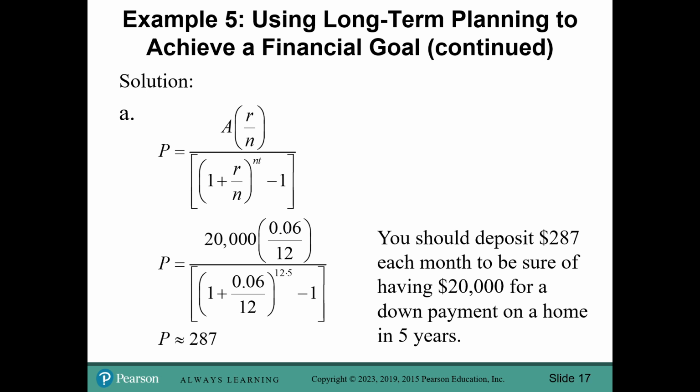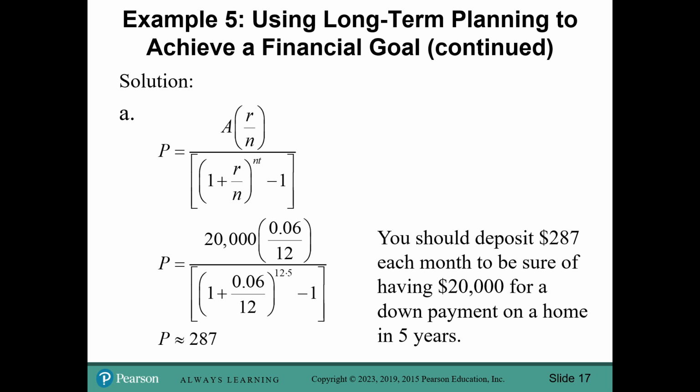We've got a rate of 6%, so 0.06 for our R, over 12 for our N, divided by 1 plus our rate 0.06 divided by, once again, our N, which is 12, raised to the 12 times the number of years, our T, which is 5, minus 1. All we have to do is simplify that. Okay, we simplify that out, we get that P is approximately $287.